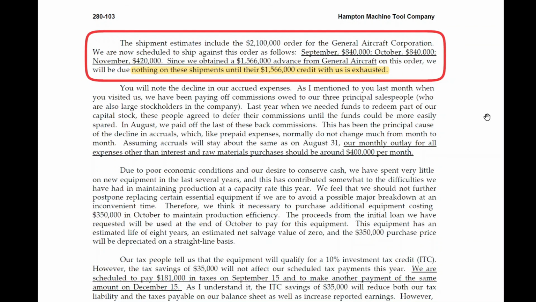When the company makes shipments to General Aircraft, the shipments will be subtracted from the advance payment that the customer made. Until this advance payment is exhausted, the company will then collect additional cash from General Aircraft.